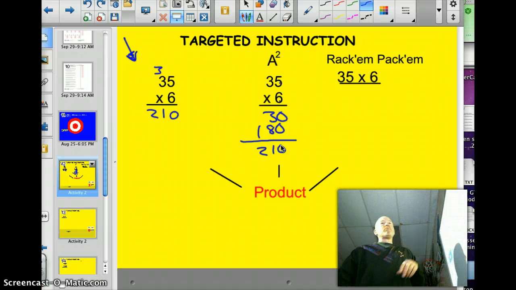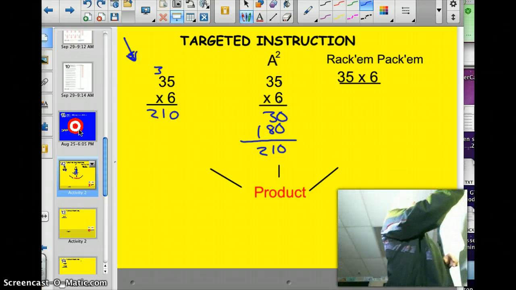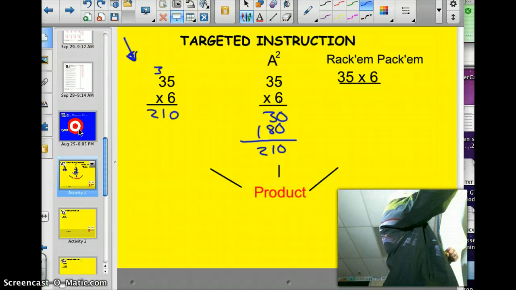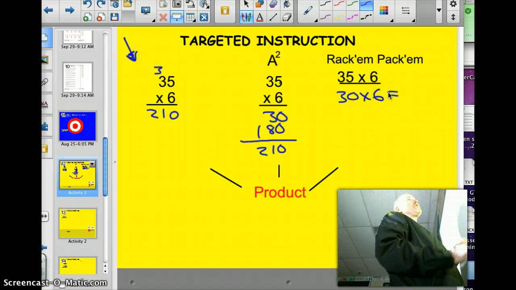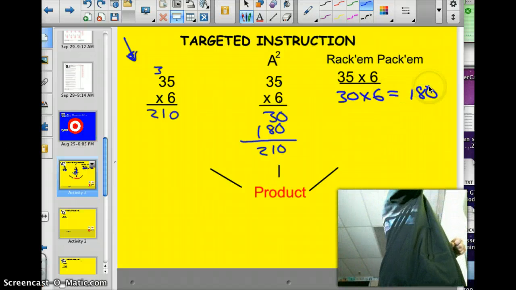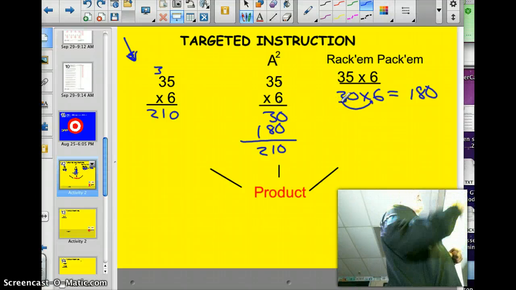Some people even do kind of a rack 'em, pack 'em, stack 'em type of problem where you break it down, you actually write it out like a number sentence, and you say, well, 35 times 6 is like 30 times 6, which is equal to 180. If you do the fact, 3 times 6 is 18. You've got 180.